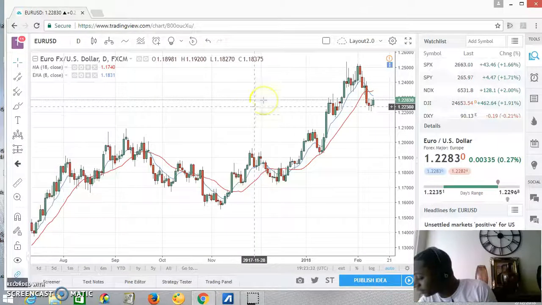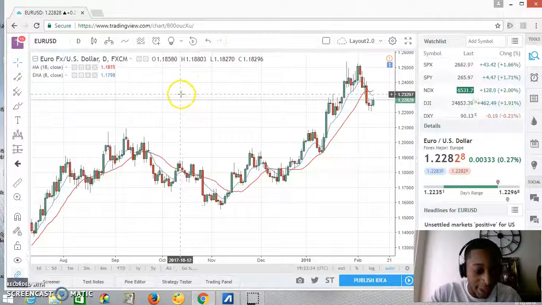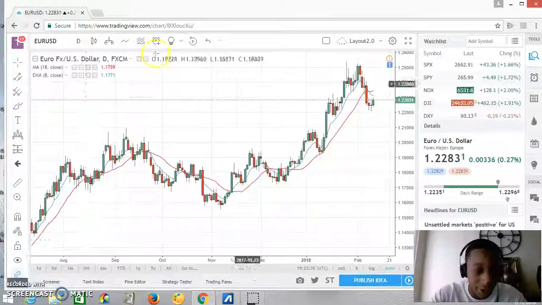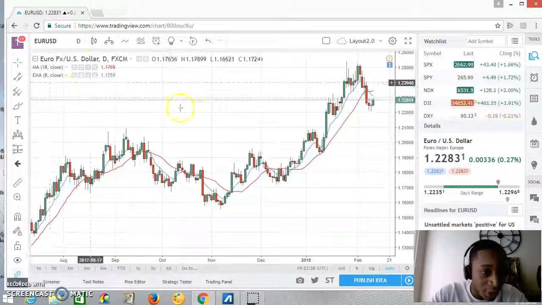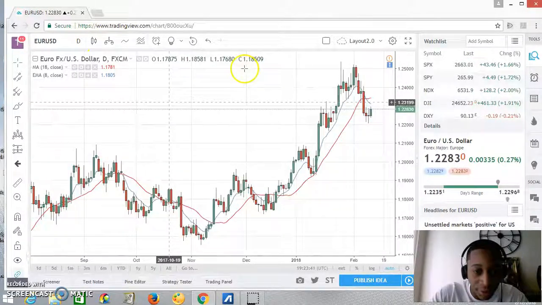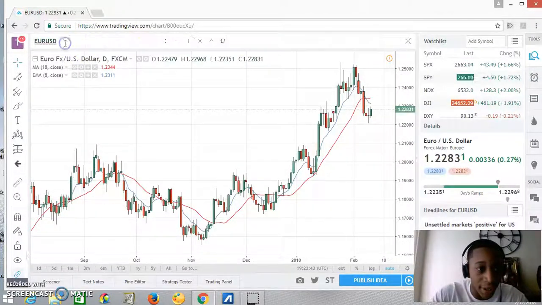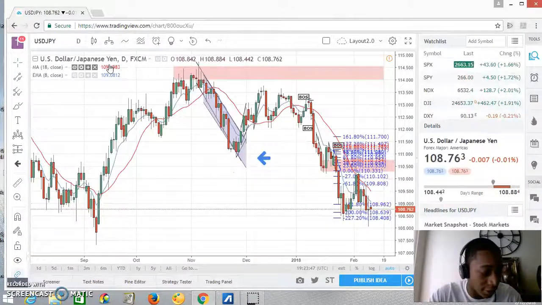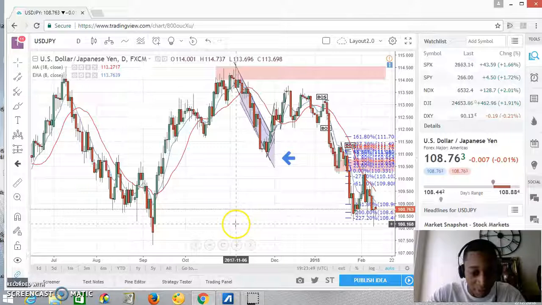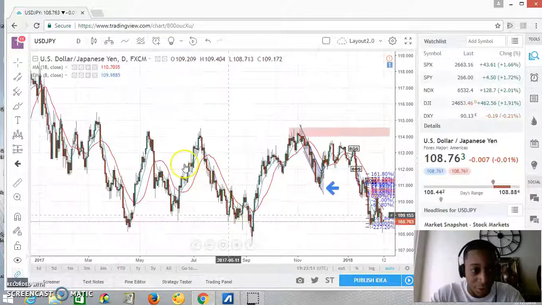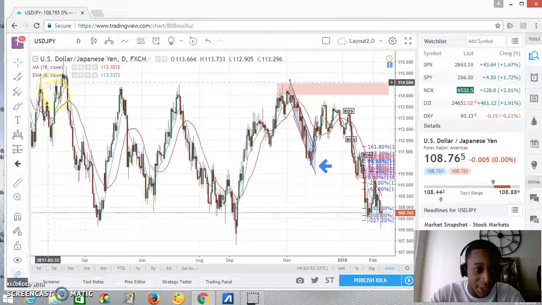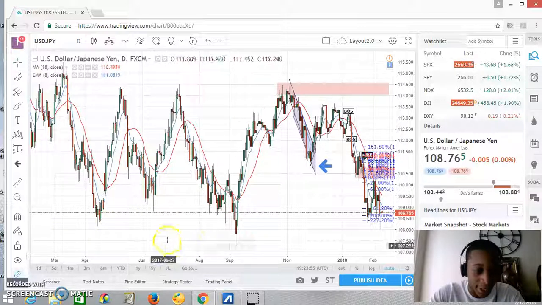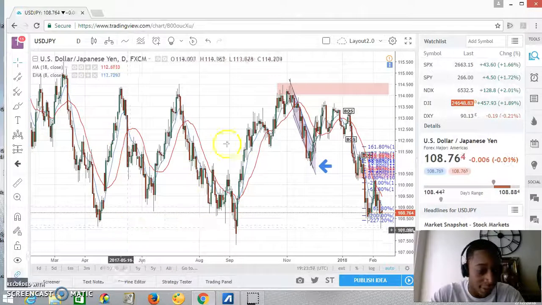Let's see what else. Oh yeah, also indicators. That's another thing that I want to talk about. I really don't use many indicators. I try to keep a very clean and naked chart, but the indicators that I do use are my MA, EMA, and also my ADX indicator.